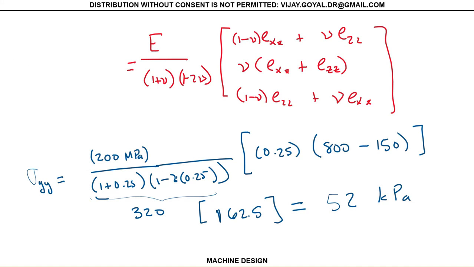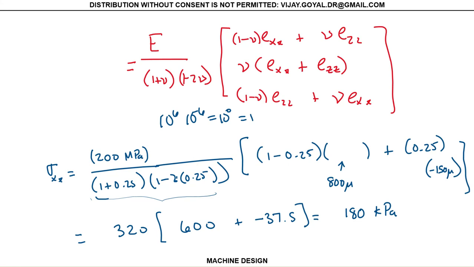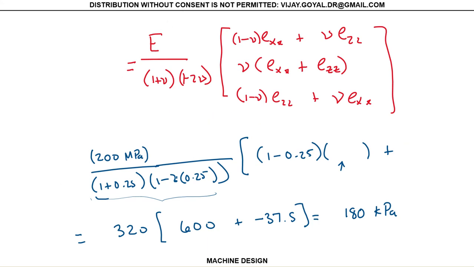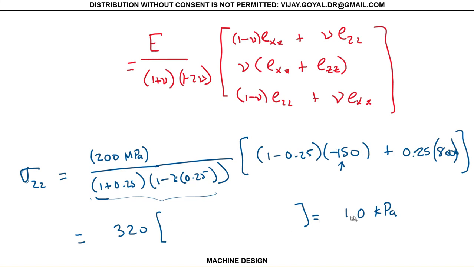The last term that we want to do, the very last term, is sigma zz, and what goes inside here would be minus 150 plus 0.25 multiplied by 800, and that gives you a value of, let's calculate this.